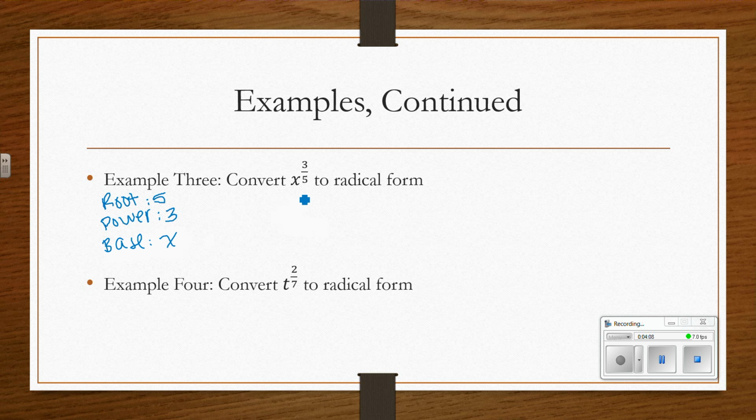So what that's going to look like is the fifth root of x raised to the third power. Or you can put the exponent on the inside. It'll look like the fifth root of x cubed. Either one of these is fine.